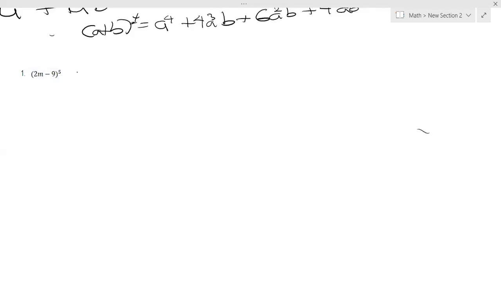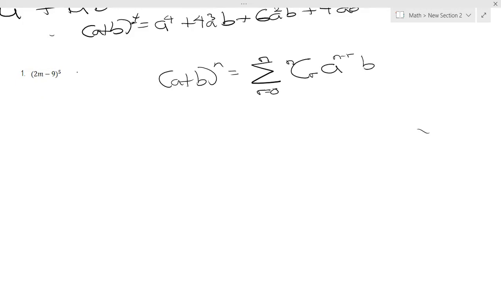Let's remember our formula when you use a plus b raised to power n. We use summation, starting from when r is equal to 0, of n c r, a to the n minus r, b raised to power r.